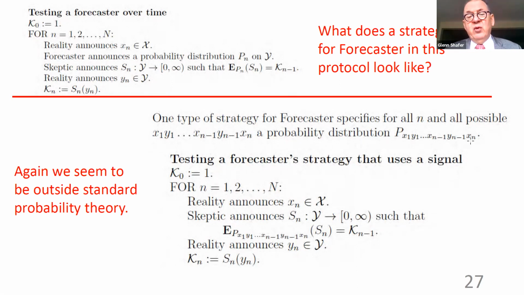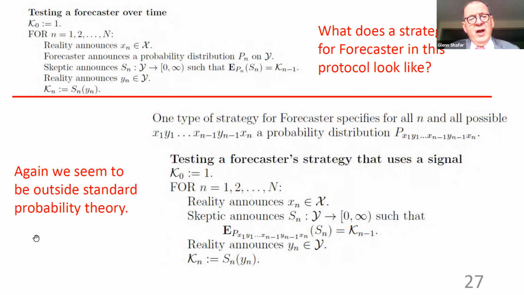A strategy doesn't just come into the story at each step and say, do this. A strategy says in advance what you're going to do no matter what happens. That is to say, for each possibility of what happens, it tells you what to do. So for all the different possible values, x1, y1, up to xn minus 1, yn minus 1, and xn, it's got to give a probability distribution. That's what a strategy for forecaster would look like.